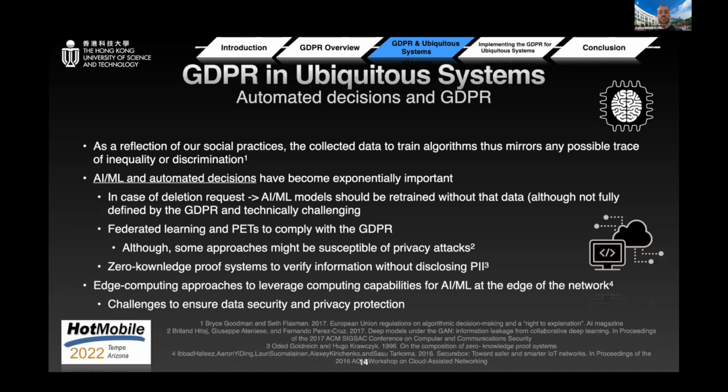Although there are still some specific use cases that can be susceptible to privacy attacks. Zero knowledge proof systems, which verify information without disclosing any information, can also be used for this situation and have been applied in several works. And as I mentioned before, edge computing can also be used for this machine learning training.